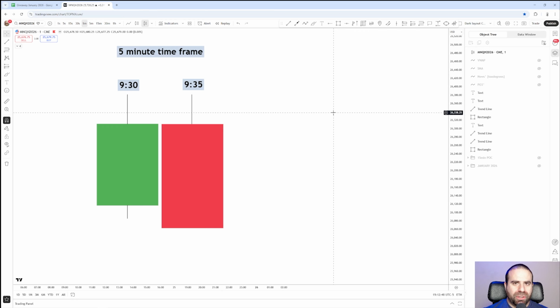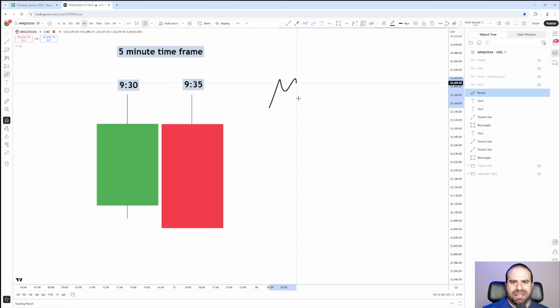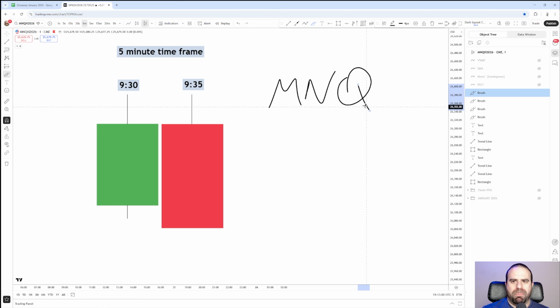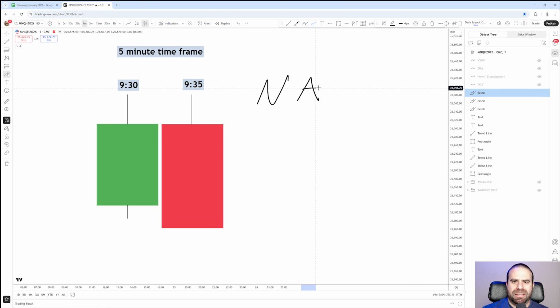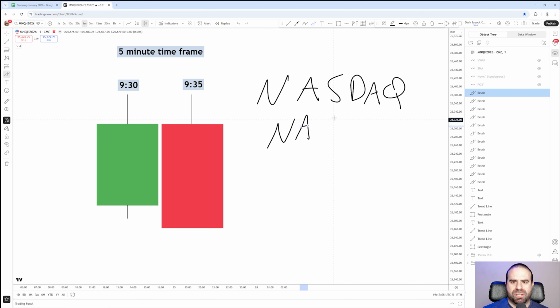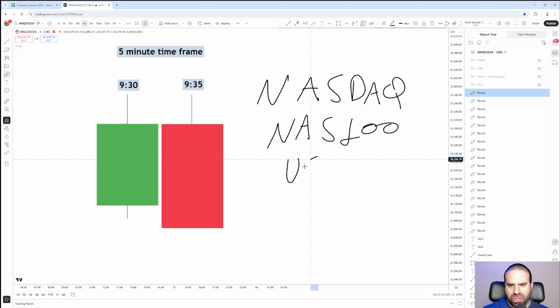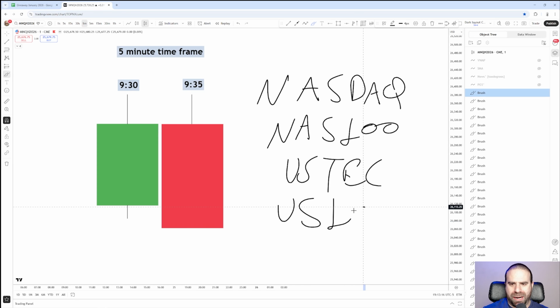Now, in order for you to be able to trade that properly, and by the way, you can trade Nasdaq as CFDs, you know that already. If you're not doing futures, I'm trading MNQ, the micro E-mini Nasdaq. If you're doing CFDs, you will find it as Nasdaq. You might find it as NAS 100, in your broker you might find it as USTech, or as US 100.